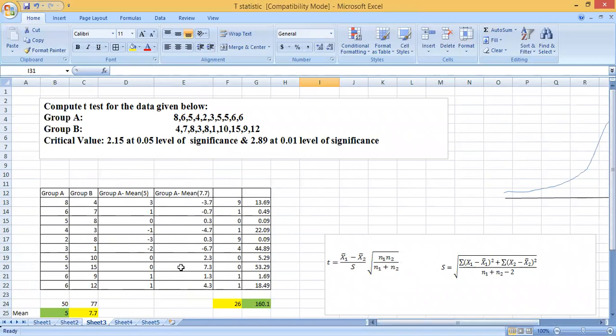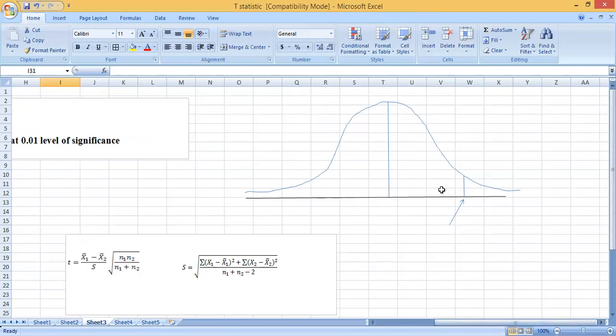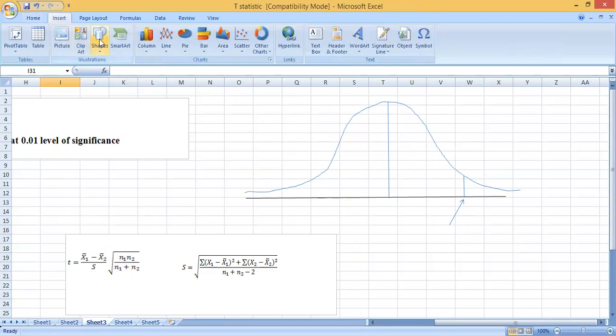So 1.88 is less than 2.15, and it lies to the left of this vertical line. So we are not able to reject the null hypothesis. Rather, you accept the null hypothesis. What is the null hypothesis? The means of the two groups are the same.